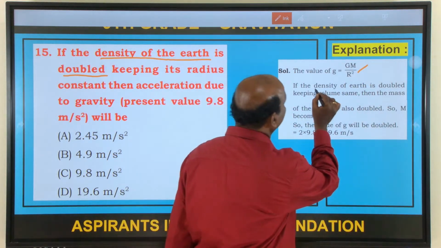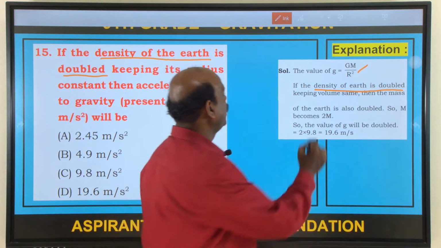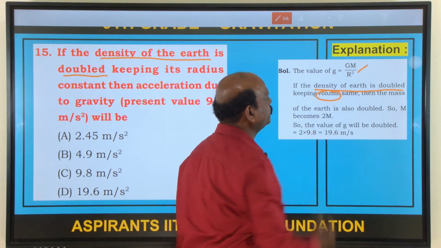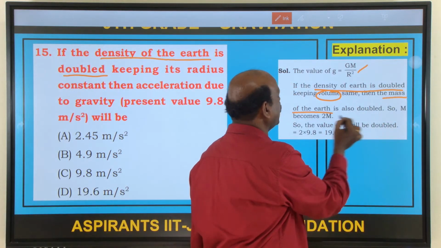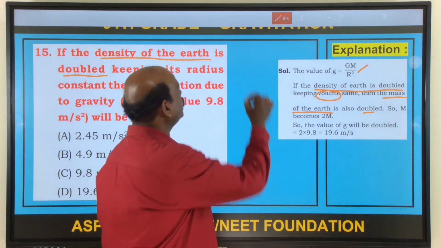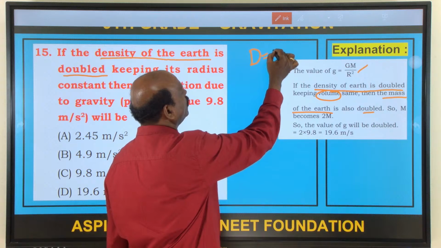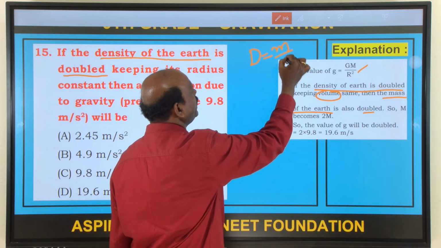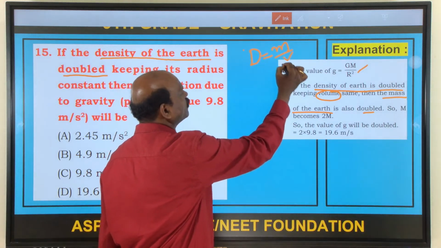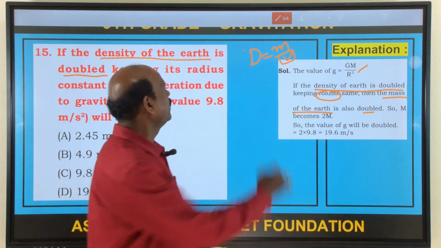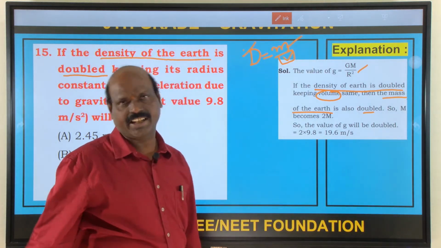If the density of the earth is doubled, keeping the volume the same, then the mass also gets doubled, as we know that the formula for density is mass by volume. If the volume is constant and density increases, mass should also increase.